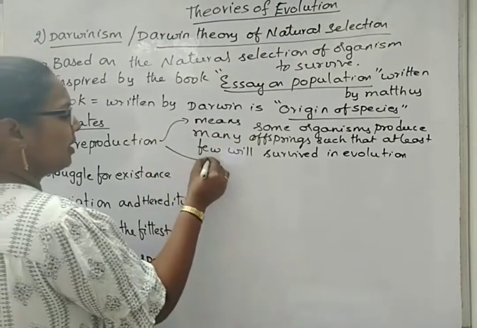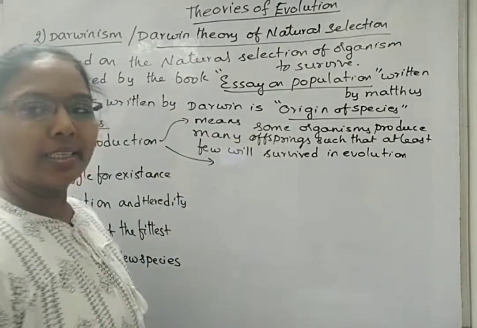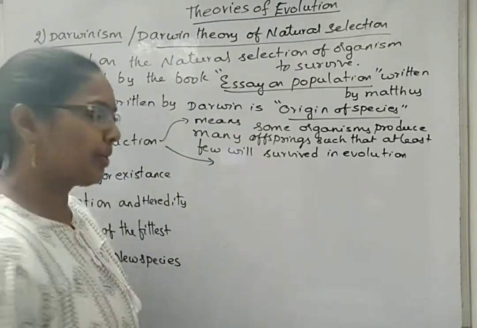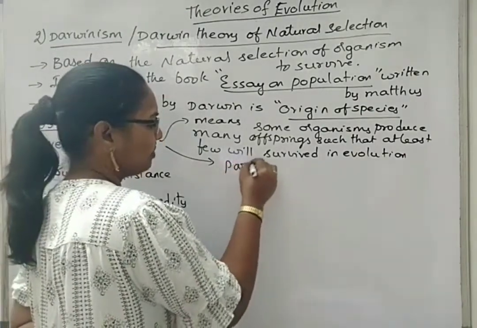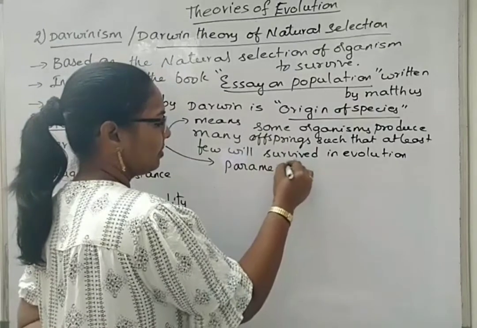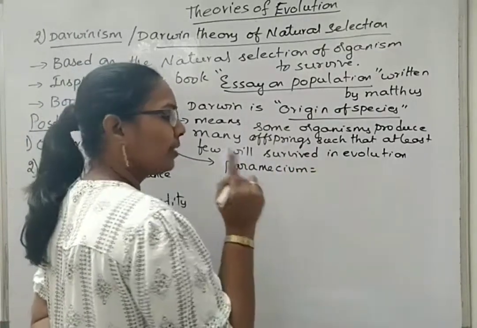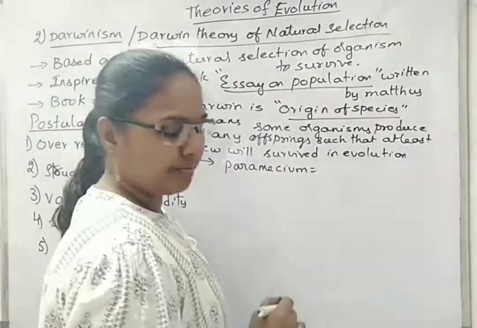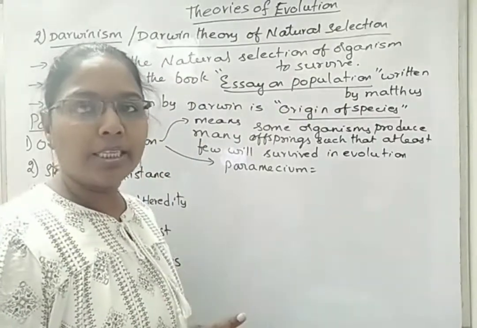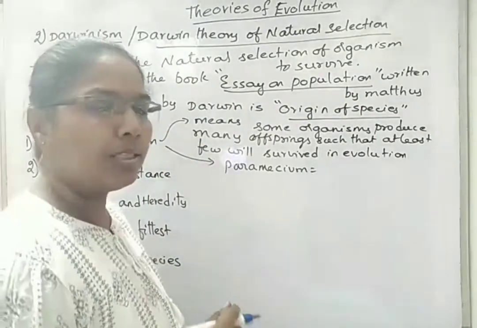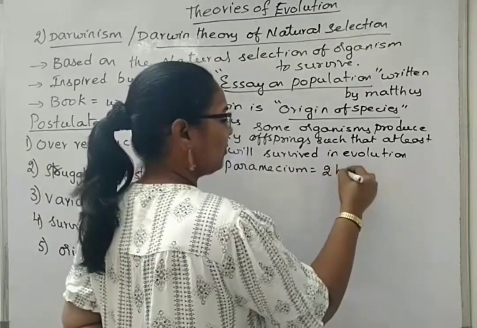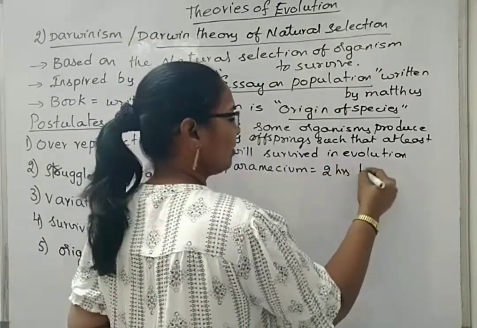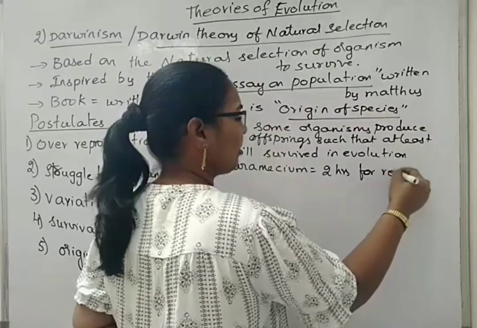We will see some organisms which take different timings for their reproduction. Suppose you take Paramecium. Paramecium takes 24 hours for one complete longitudinal or transverse division, one binary fission.